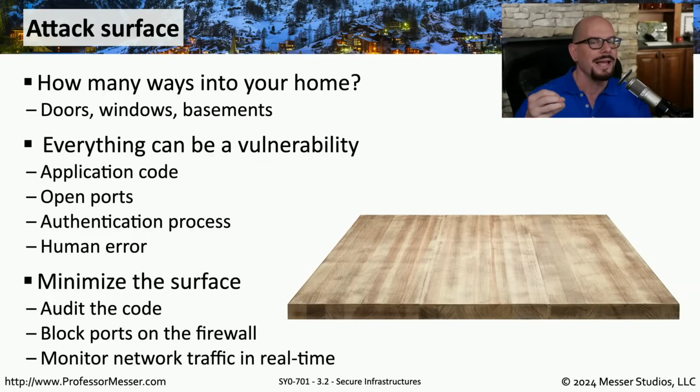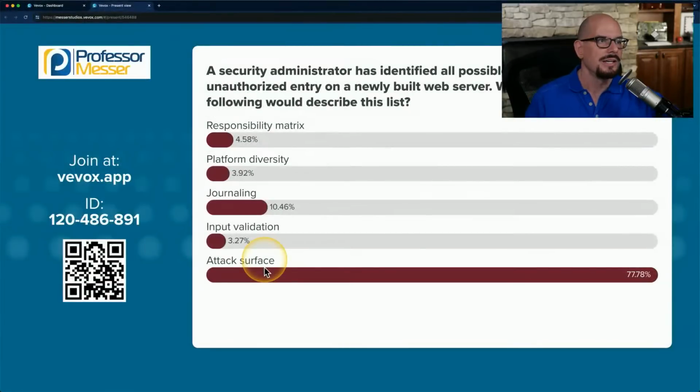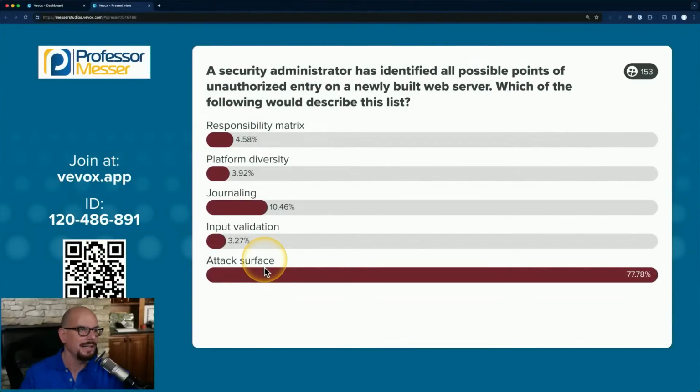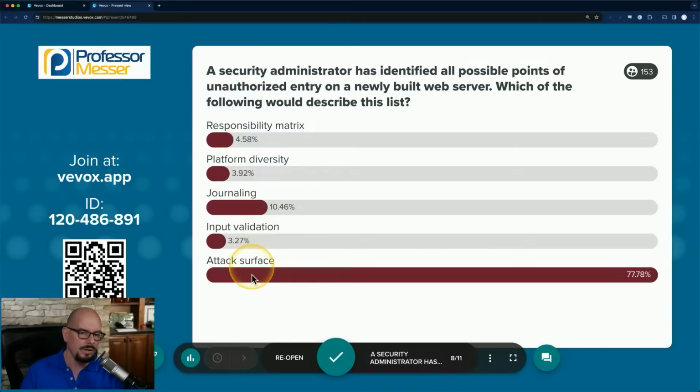So maybe you only allow web traffic, but you don't allow SQL traffic, or you don't allow SSH. It's a good example of limiting someone's access to a particular device. And then if you monitor that traffic in real time, you may be able to find someone who's trying to take advantage of that. So in this case, attack surface is exactly the question that we were looking for.